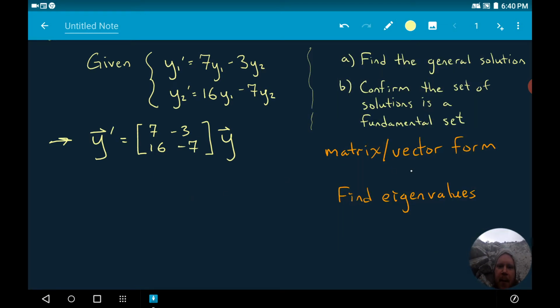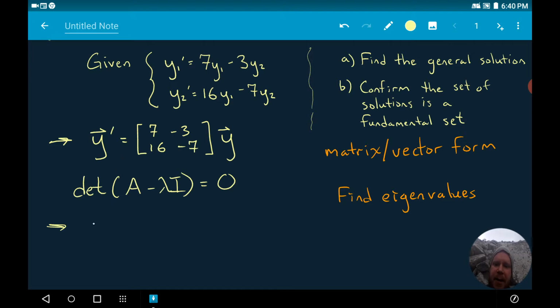Okay. So we're going to find the eigenvalues of this. That means we're going to be starting with this equation, that the determinant of A minus lambda I is equal to 0.